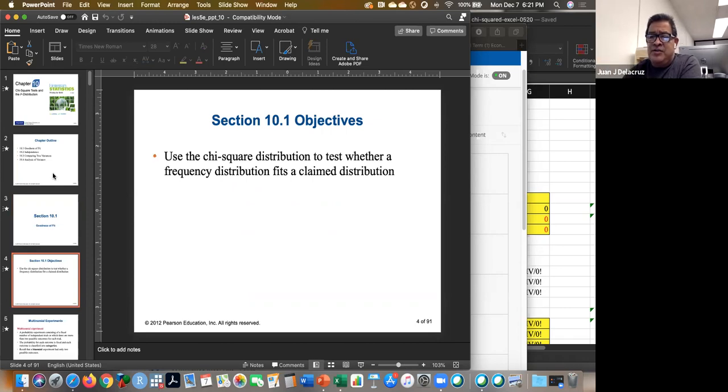For example, if I am the manager of H&R Block, I know that 20% of the people use my services, 20% of the people use friends, and 30% use some other methods. I'm going to take a sample and see whether or not that is true.